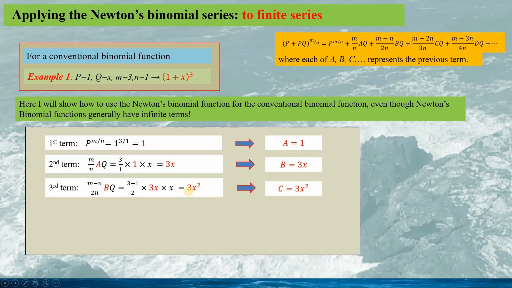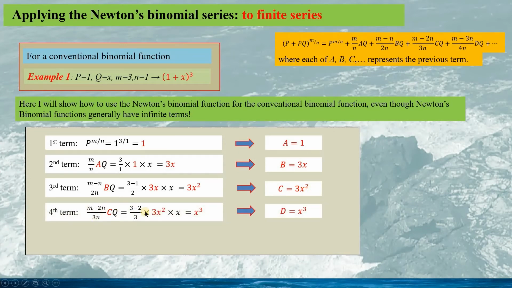It is 3x squared. Therefore, c is 3x squared. For the fourth term, we can use all these known values m, n, c, q. So we calculate the expression for the fourth term. That is x cubed. So we have d equaling x cubed.